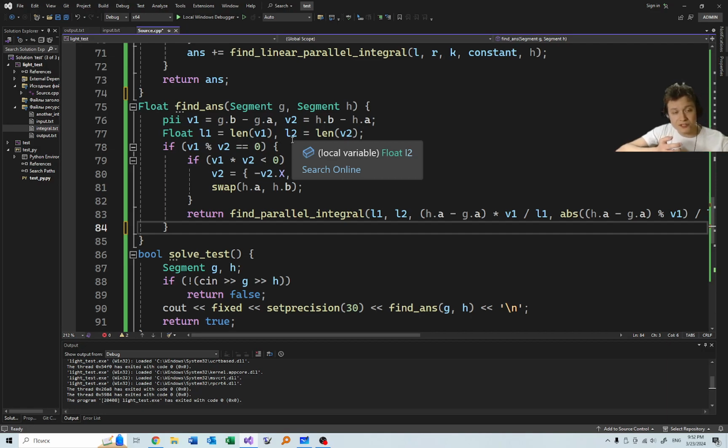And if they do intersect, sorry, it seems like I will now work without camera because it feels not very good.